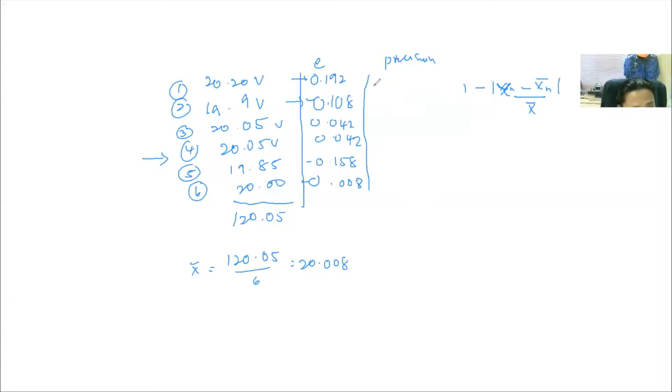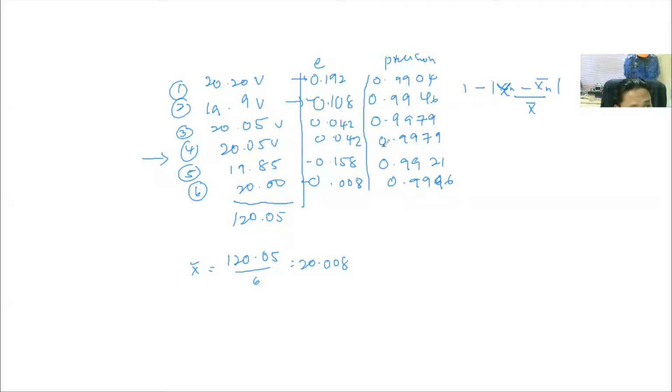For example, the precision for number 1 is 0.9904, then 0.9946, then 0.9979. It will be the same for the next because our value is the same. Then 0.9921, and the last one is 0.996.